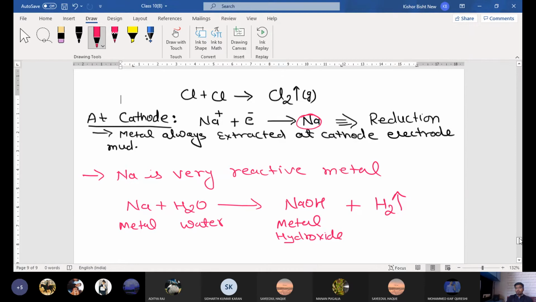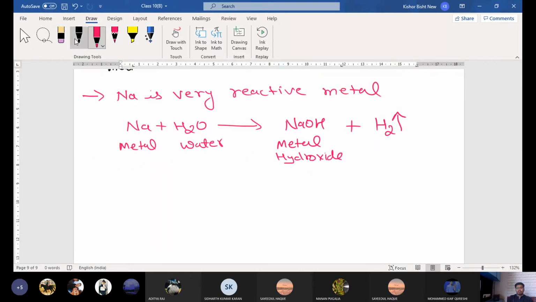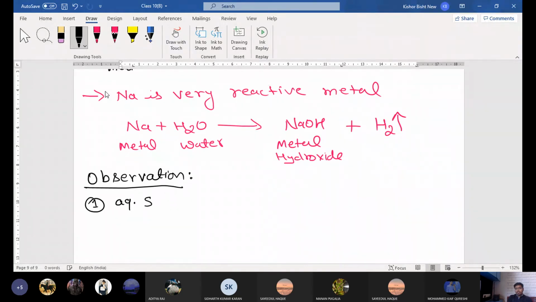Now what are your observations in this equation? Observation number one: aqueous solution of NaCl is a good conductor of electricity.